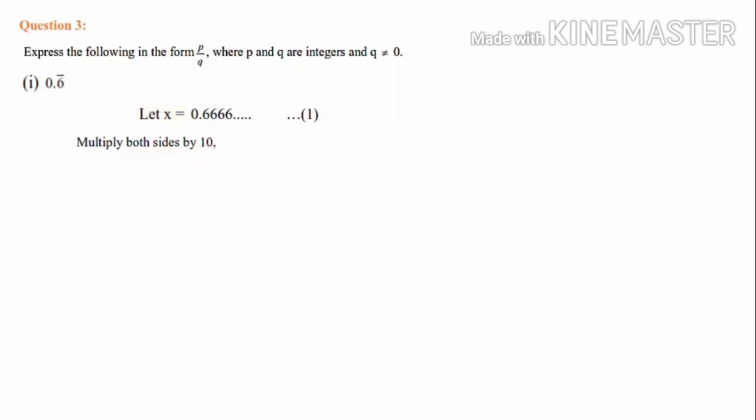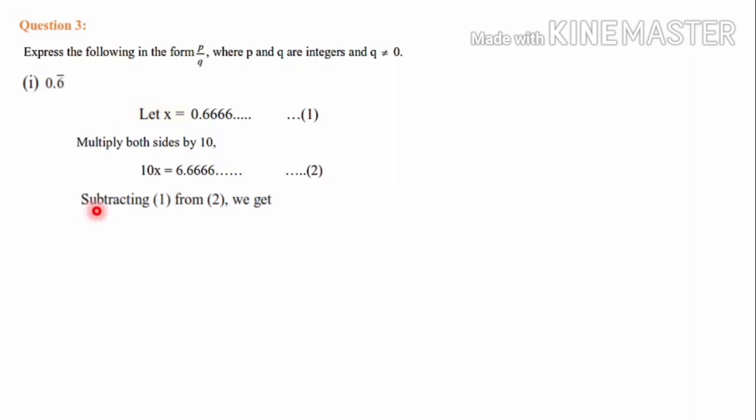So multiply both sides by 10. Then 10x is equal to 0.666 etc. When you multiply with 10, the decimal will move forward by one digit, that means 6.666 etc. Label it as equation number 2.